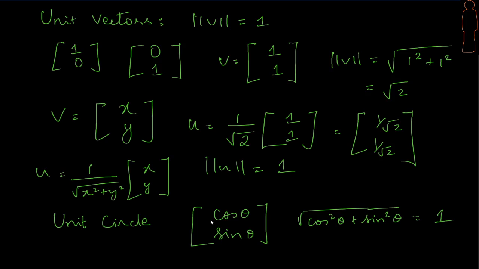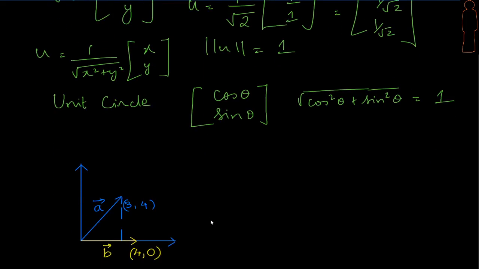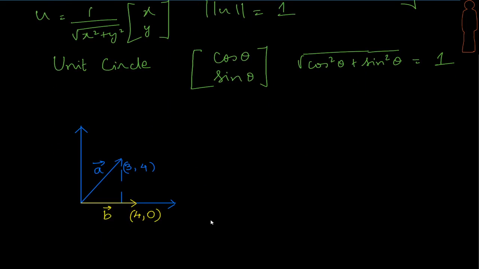So now that we have an idea of vector, magnitude, direction and unit vectors, let's move to something more interesting. Okay, so here we see that we have two vectors a and b, and let's say that we are now interested in asking, here it is, let me just write this down.